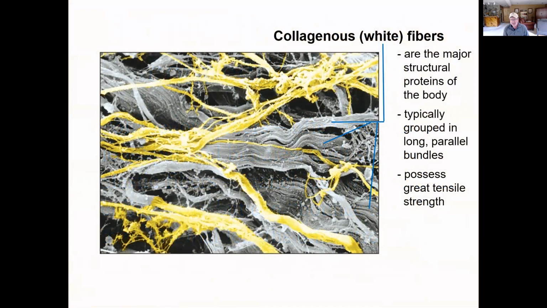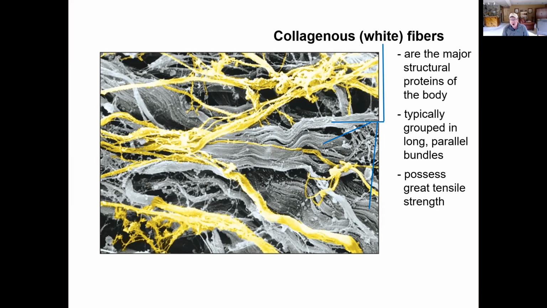So here we see a photograph of both collagenous and elastic fibers. Let's talk about the collagenous first. In some of the older textbooks, they used to refer to it as white fibers. So when you look at your slide in lab, it might say white fiber. It might not. I don't remember exactly what the label is, but I remember seeing some slides that used to be labeled white fibers.